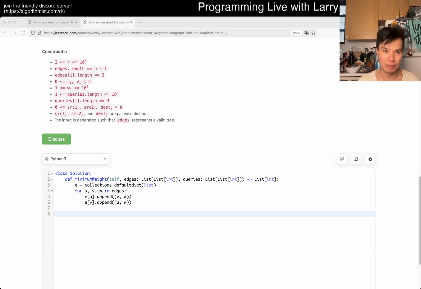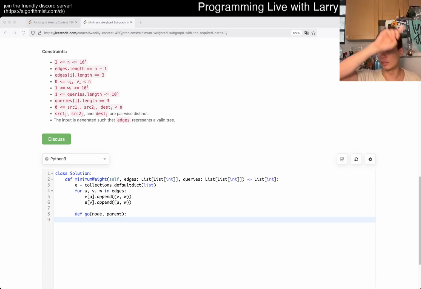I mean, okay, fine. Okay. Is that the Cartesian traversal or whatever?